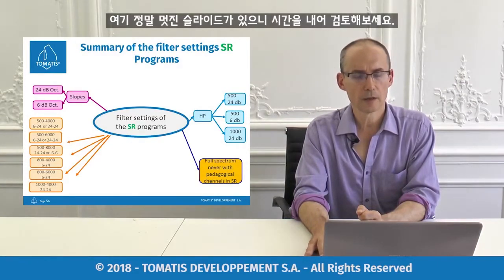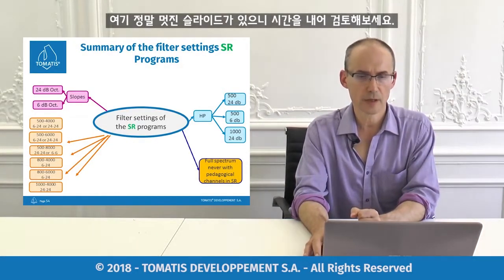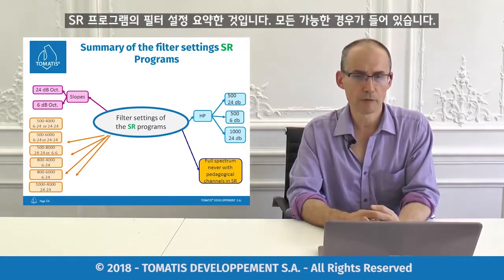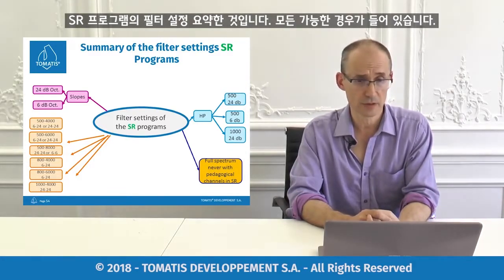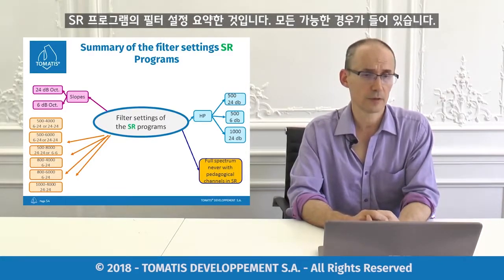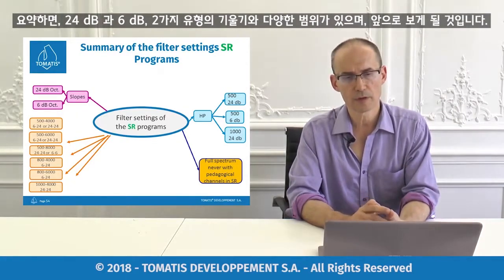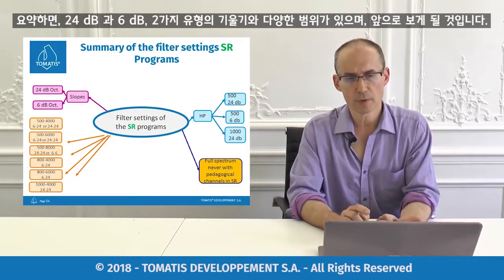And here also a very nice slide. Take some time to review this slide. A big summary of the filter settings for the SR programs with all the possibilities. So if I recap, you have 2 types of slopes, 24 decibels per octave, 6 decibels per octave.